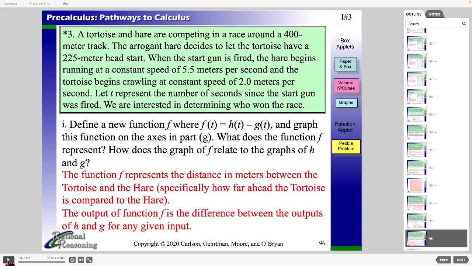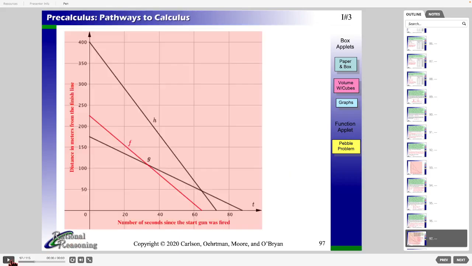It really is just the difference between the outputs of h and g, which are their distance to the finish line. So remember, when we start off, it depends on our perspective, what are we trying to measure. So h and g measure the distance to the finish line. F of t is going to measure the distance between the participants.